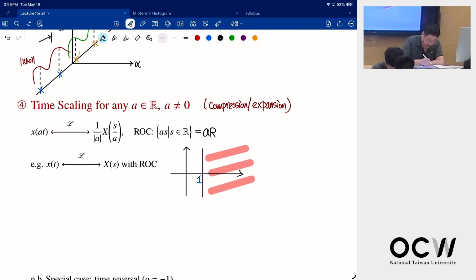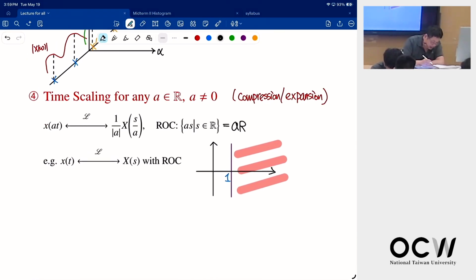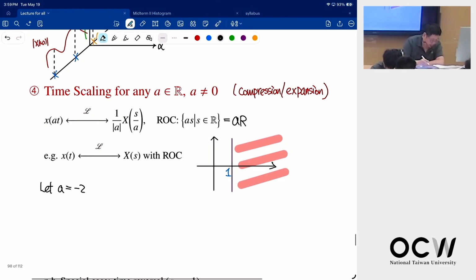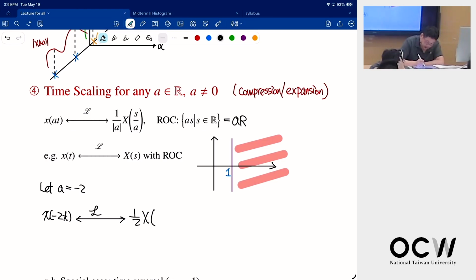Now, if we have a equals minus 2, so x of minus 2t, this Laplace transform will be 1/2 times x of s over minus 2. So I reverse.